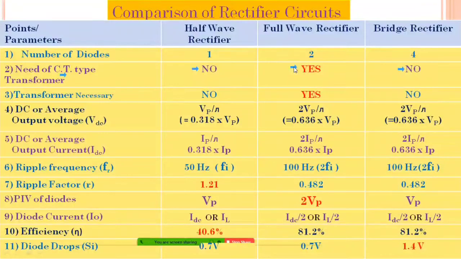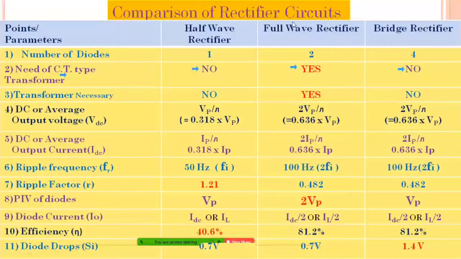As you know, in a center tap transformer the secondary coil is tapped at the center and one more terminal is attached there. This procedure is quite time consuming. Therefore, the cost of the transformer increases, and such transformers being essential for the construction of the full wave rectifier becomes its disadvantage because the circuit cost will increase.